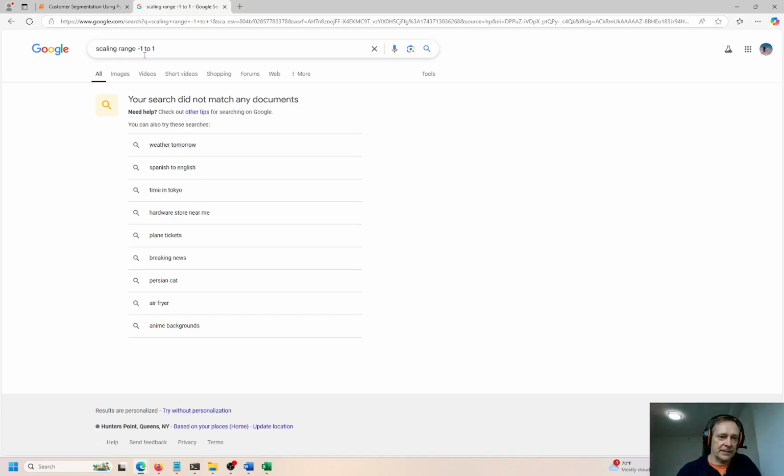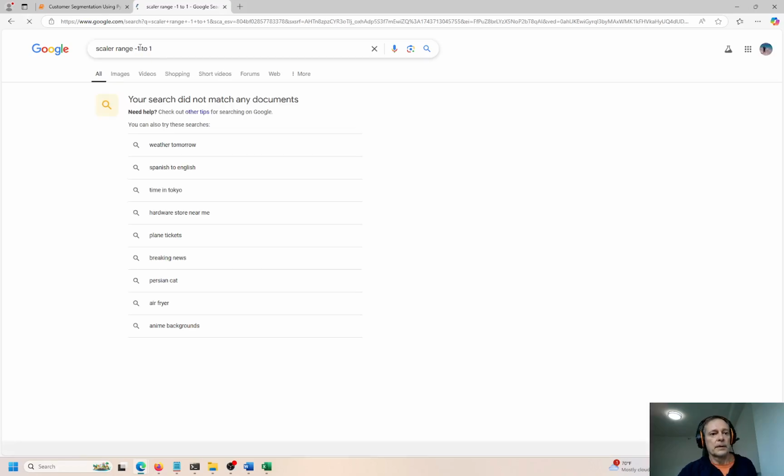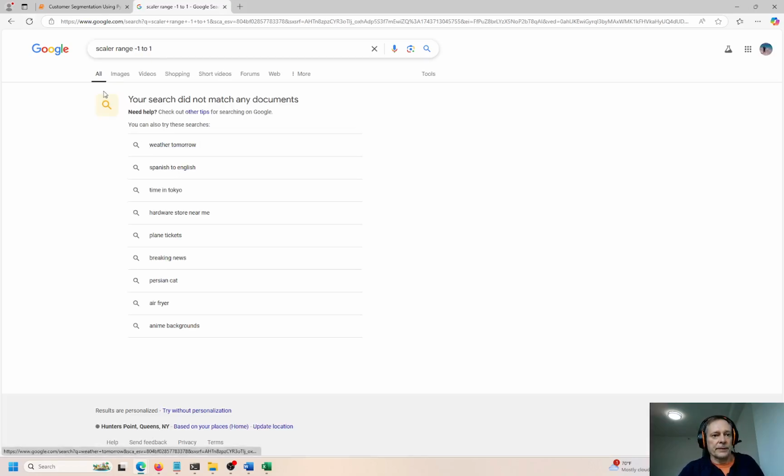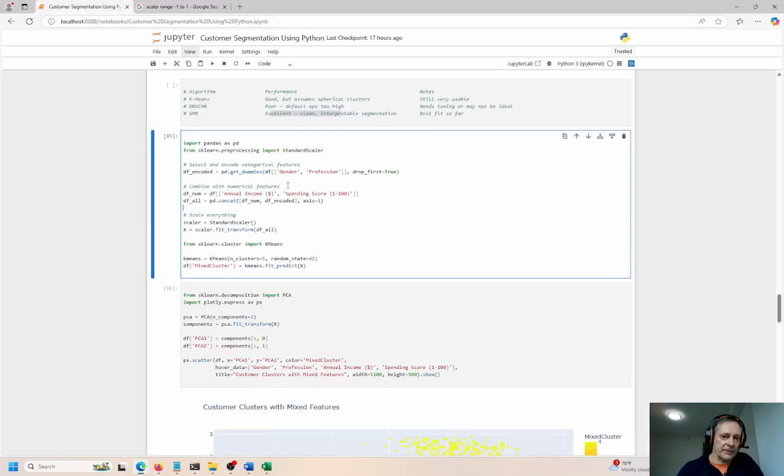Well, the search doesn't even return any results. I haven't seen that in a long time. I think we just broke Google. Okay, but I'd have to look into that. I think it goes from either -1 to +1, or it goes from 0 to 1. I forgot which is which, because there's 2 ways to do this. But I'll look into that, and I'll add that to my notes at the end.